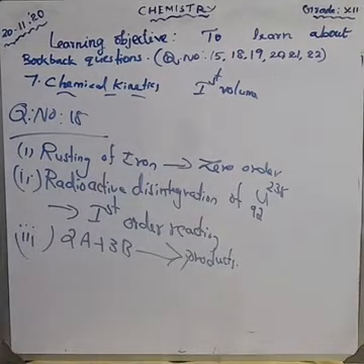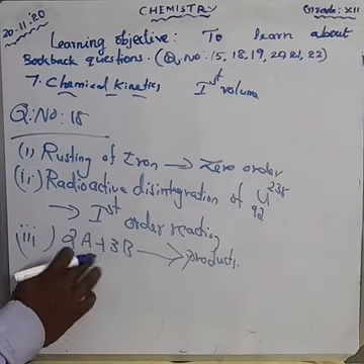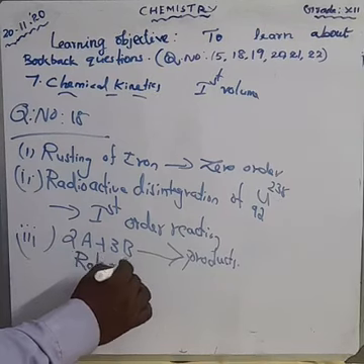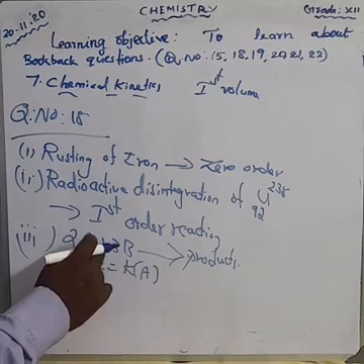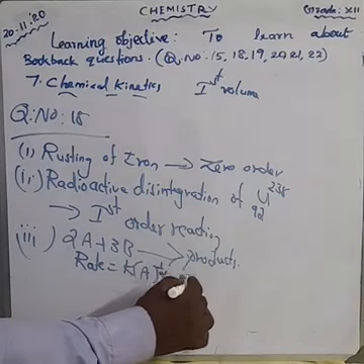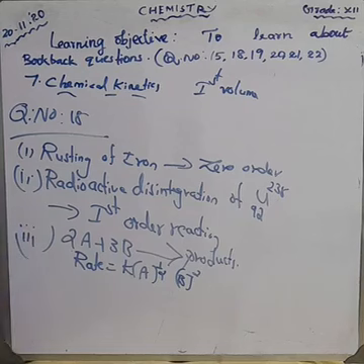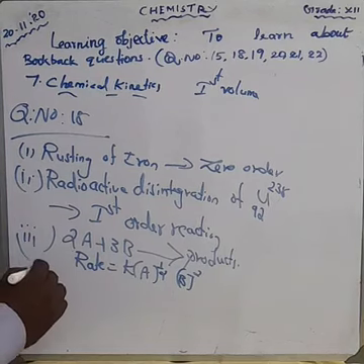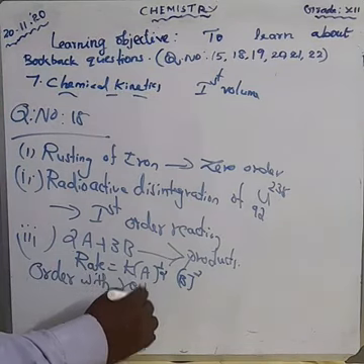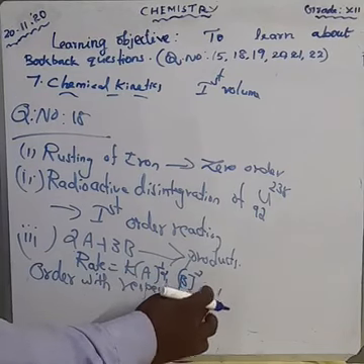Here you should write the rate constant k. Rate equals k into A to the power 1 by 2, and also B squared. Next, you should write the answer: order with respect to A is equal to 1 by 2.